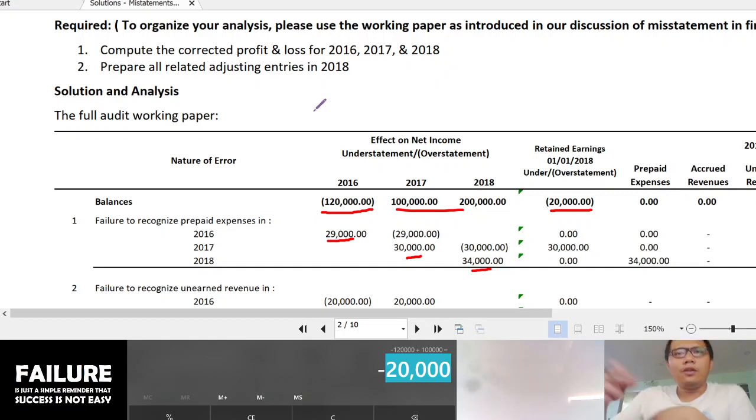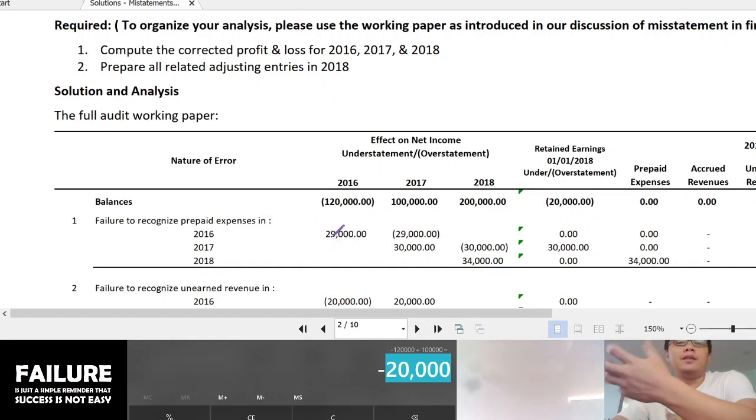So going back to the error, okay? So if we fail to recognize a prepaid expense, ano yung nangyayari dyan? There was an expense paid on a particular year. So, for example, in 2016, no, itong 29,000. This was paid in 29,000.